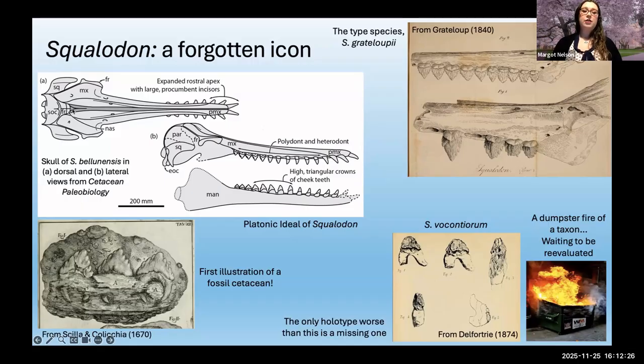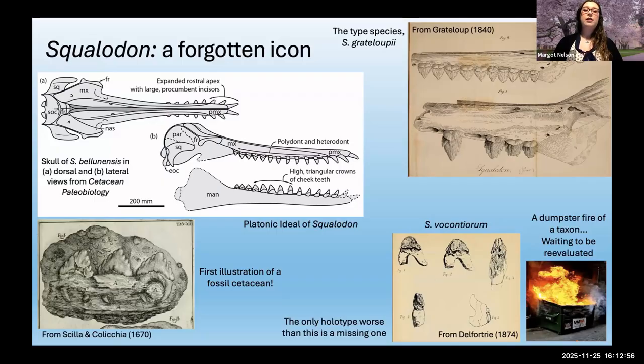They also illustrate what we would call telescoping, which is the posterior migration of the nostrils. And their skulls are constructed very similarly to modern dolphins. They really occupy a transitional space in that they have this advanced degree of telescoping, but a very ancestral dentition.